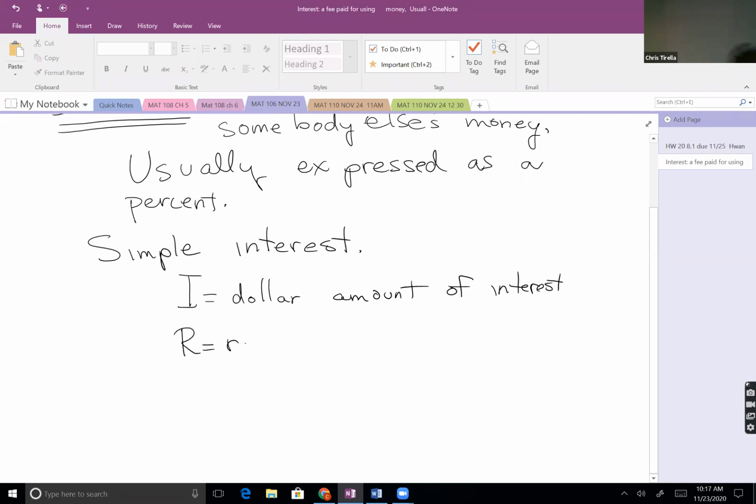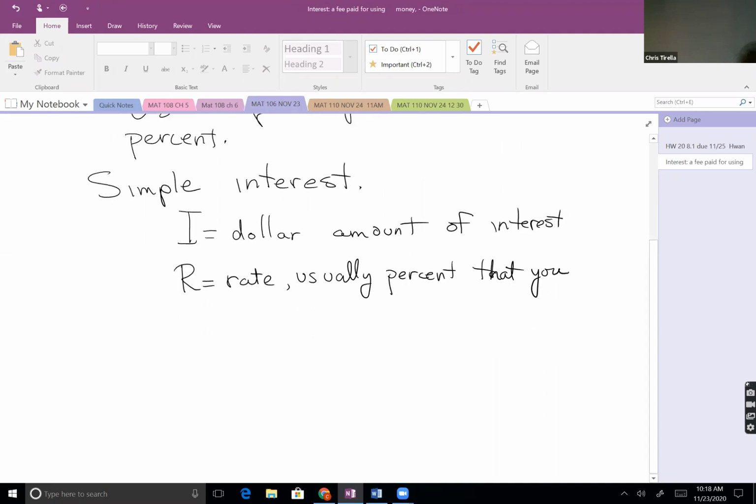R is the rate. That's usually a percent that you express as a decimal. So you always want to change your percent to a decimal. So it's important that you write it as a decimal.